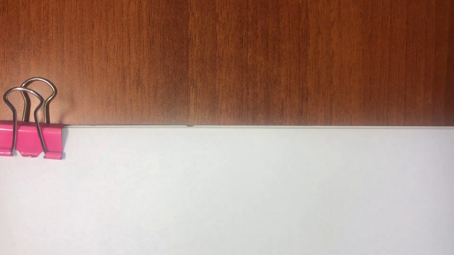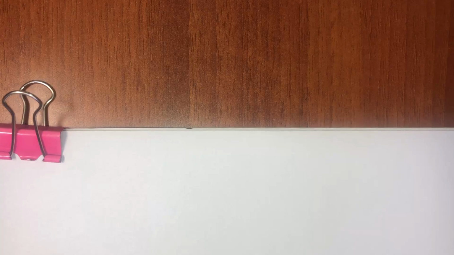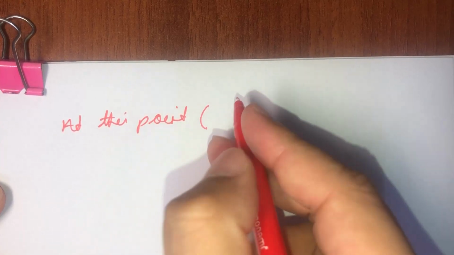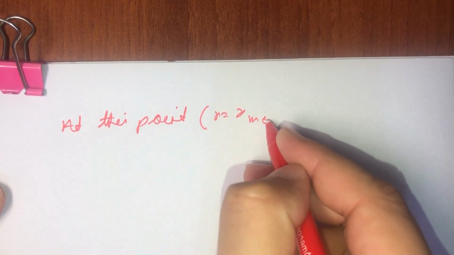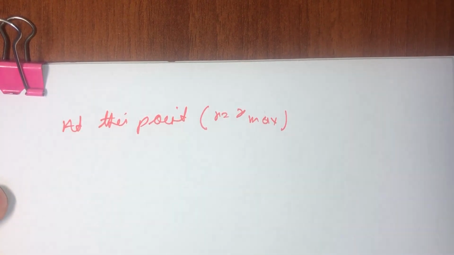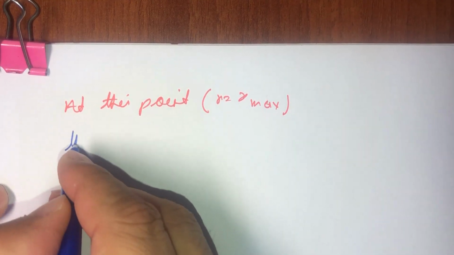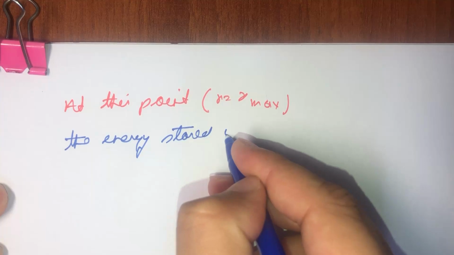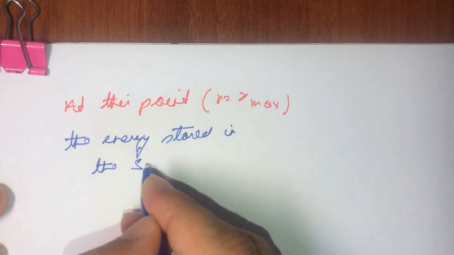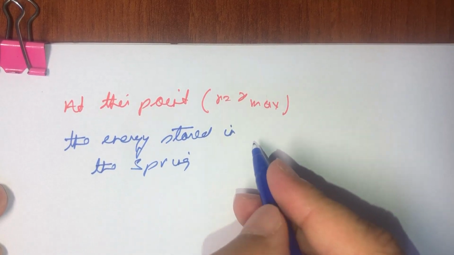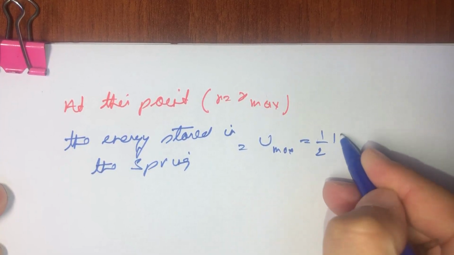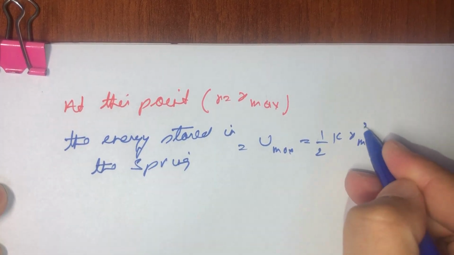And at this particular point, which means when X is equal to X max, the energy stored in the spring, which is given as U max, will be equal to half K X max whole square.